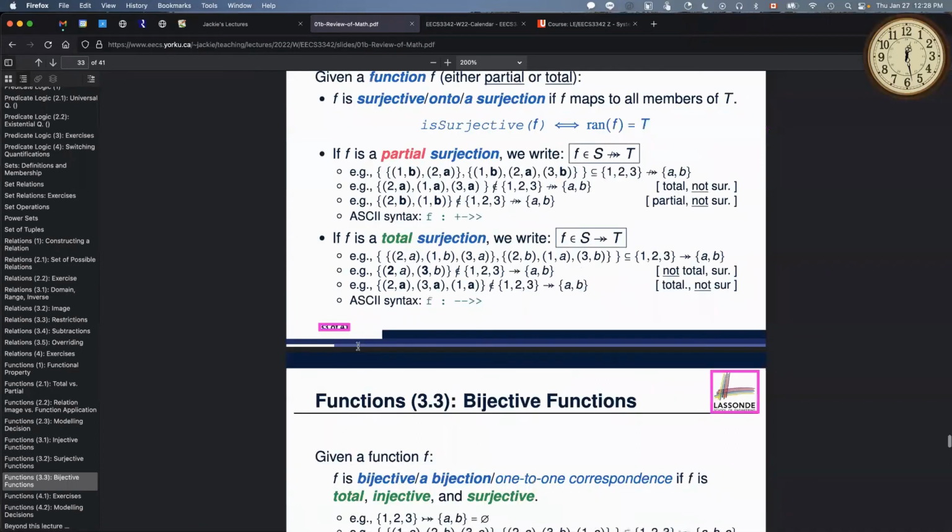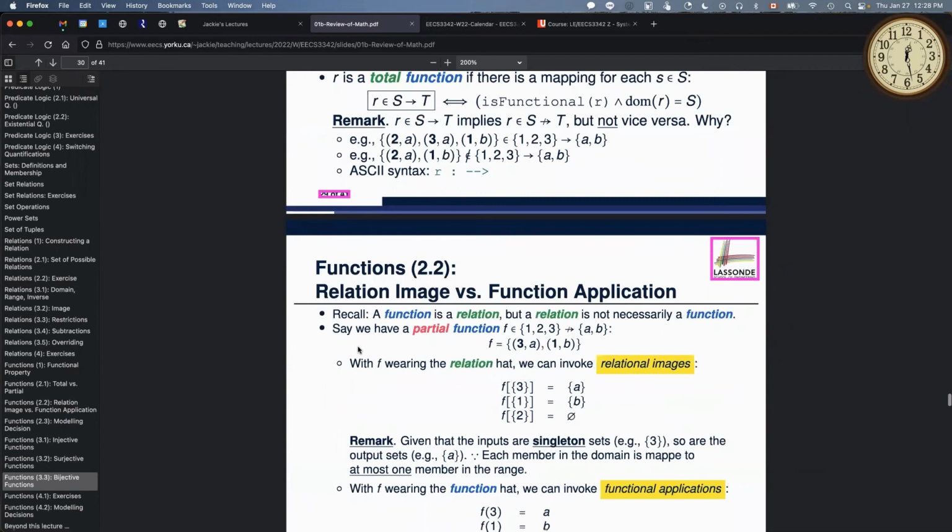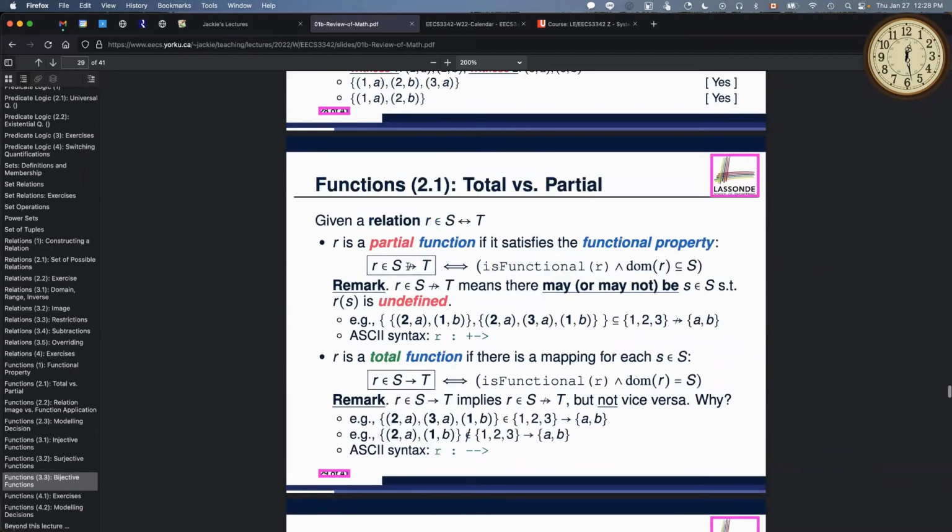Let's just go back to double check, right? If you go back to your slides and look at the partial function, you can see here we say that to be a member of the partial function, number one, it should satisfy the functional property. Number two, the domain of the relation should just be a subset of S, right?